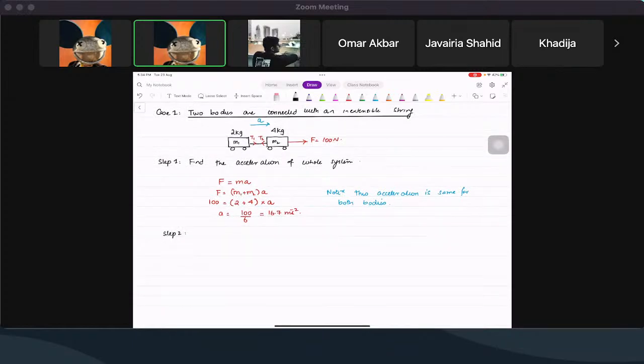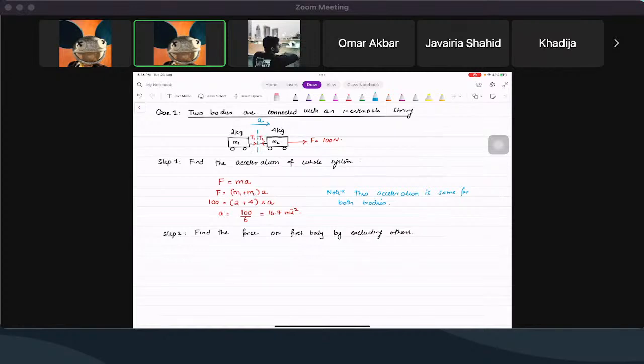to find the force on the first body by excluding the others. So what you're going to do is break this from the center, and you can take any body, it doesn't really matter.